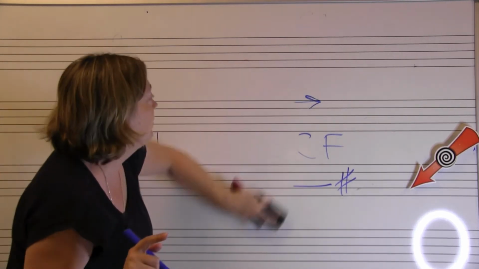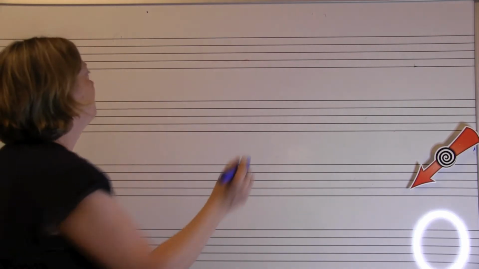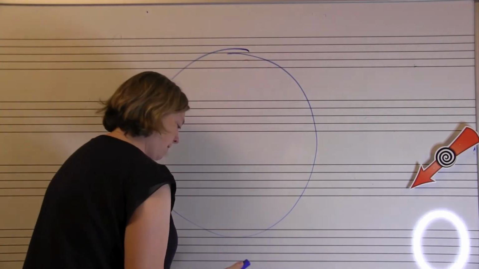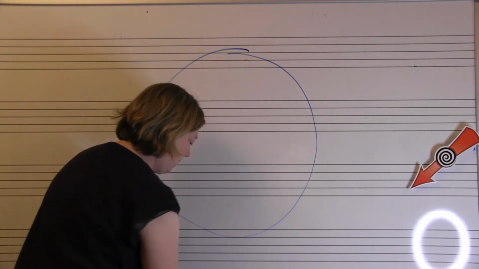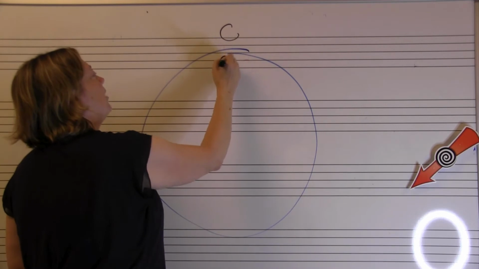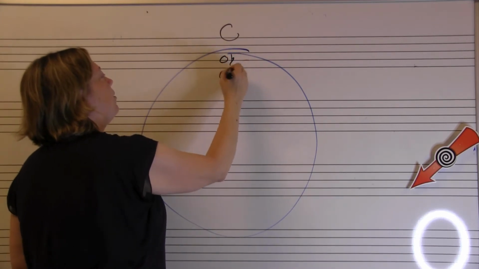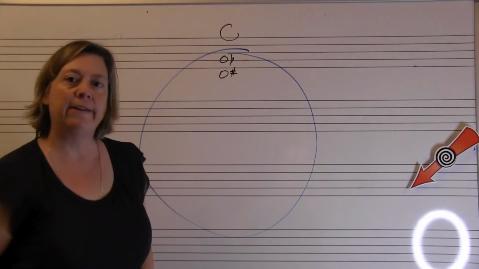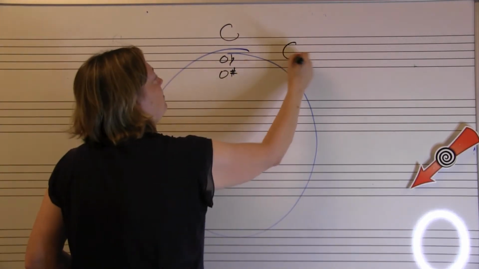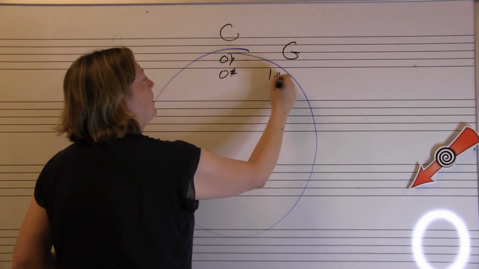Here's other cool point number 2. We started with C major, which had no flats and no sharps. We went up 5 notes to get to the key of G major, which had 1 sharp.